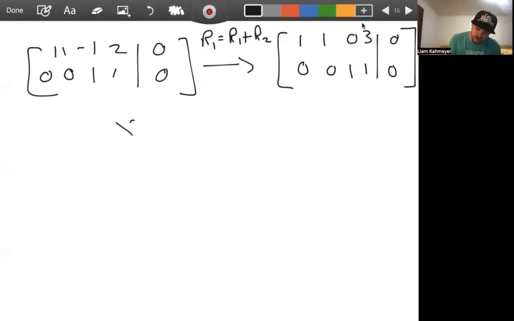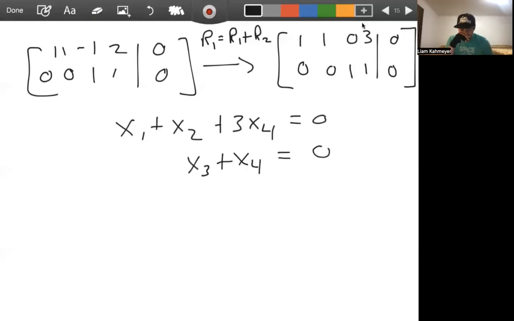Now this means x1 plus x2 plus 3x4 is equal to 0, and this means x3 plus x4 is equal to 0. This means we have the following.